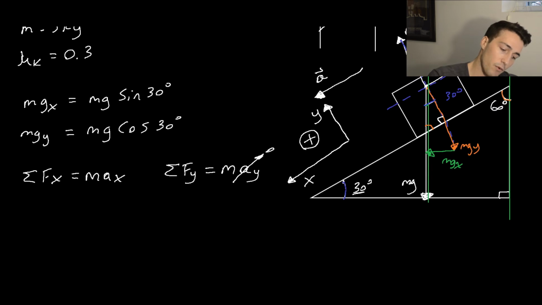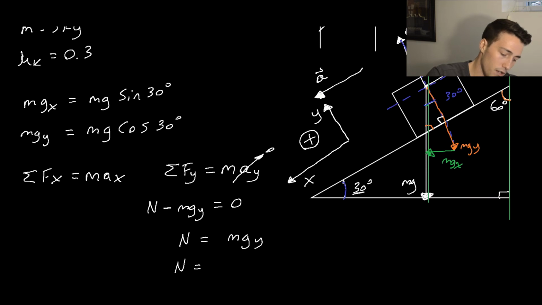So we're going to have, what's in our y direction? We have our normal force, which is positive, and we also have our mgy, so it's going to be minus mgy, because it's in the opposite direction of our normal force, which is positive. So our normal force is going to be mgy. We're going to have normal is equal to, well, if we go up here, mg cos of 30 degrees.